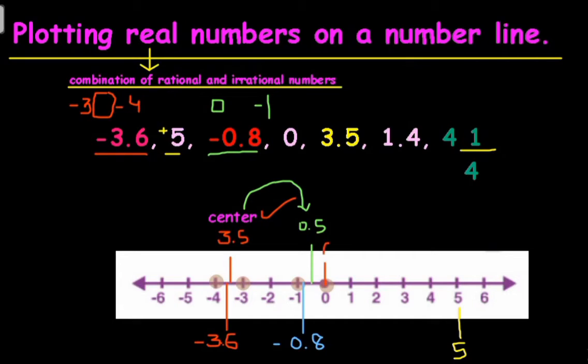Then we have the next number, which is positive 3.5. Again, because it has no sign with it, I'm going to assume that this is positive. So 3.5 will come between 3 and 4 somewhere. Alright, so I need to identify the two ending points. The two ending points are 3 and 4. So again, first of all, I'm going to find the middle point between 3 and 4.